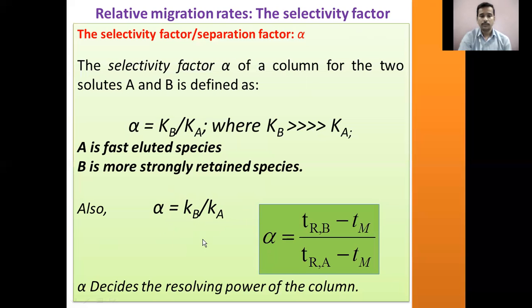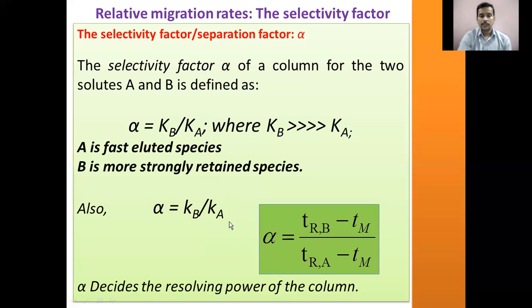So you have any suitable column which is going to be used for the separation of solute B and solute A. The separation factor or selectivity factor will simply be tRB minus tM divided by tRA minus tM, because you know kb is equal to tRB minus tM divided by tM, and ka is equal to tRA minus tM divided by tM, where tRB and tRA are the residence time or retention time of solute B and solute A respectively.